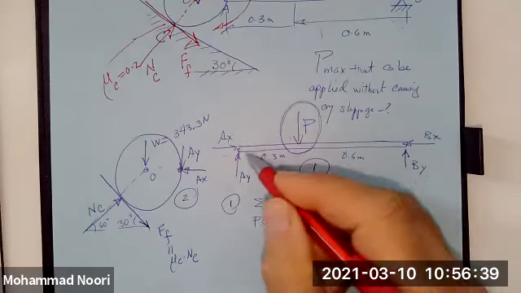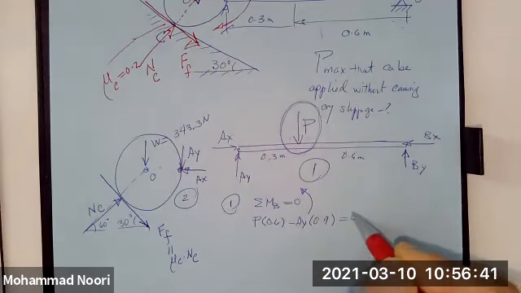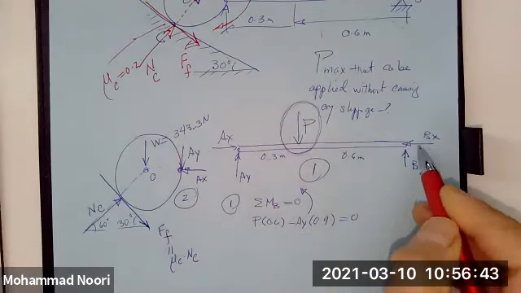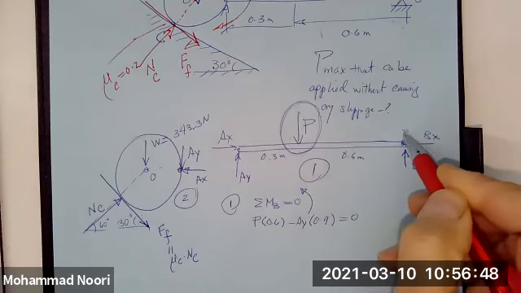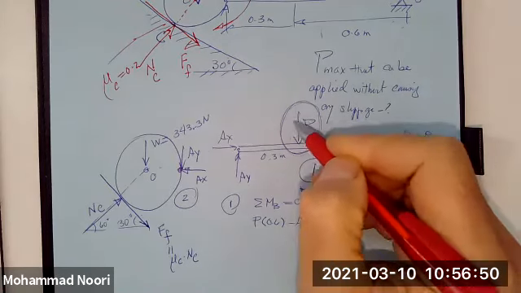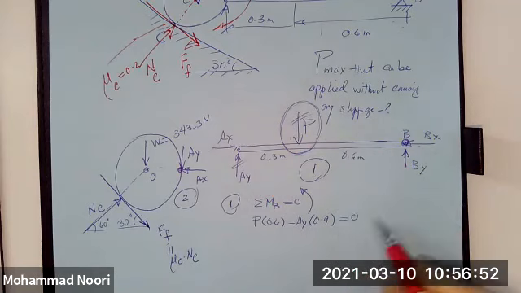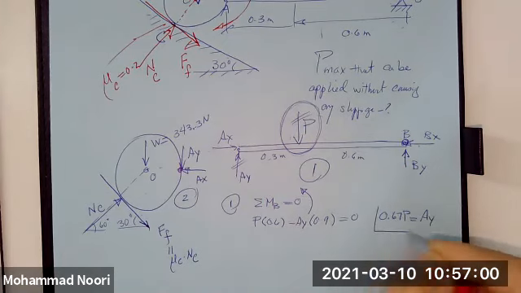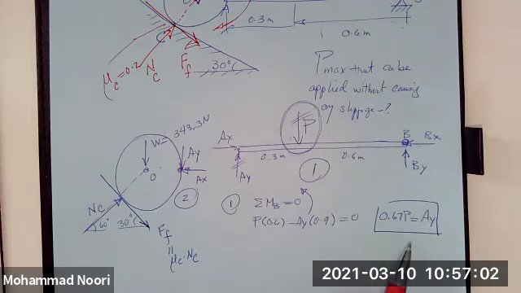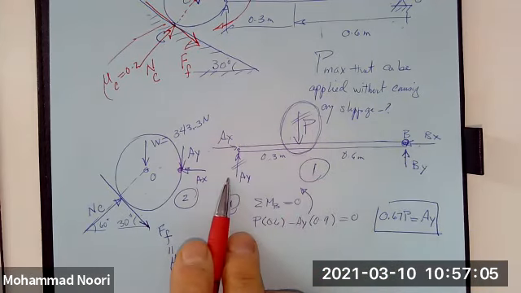This distance is 0.9, equal to 0, because this force and this force all go through point B, so they don't generate any moment. There's only this one and this one. So this equation will give me 0.67 P is equal to AY.